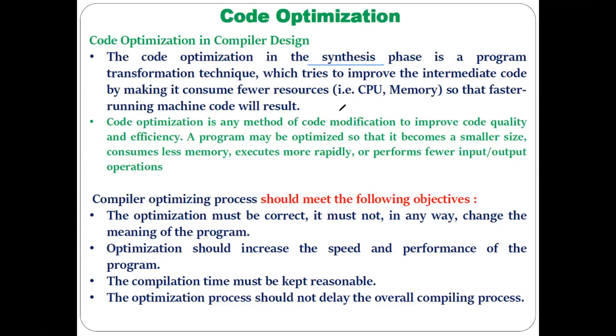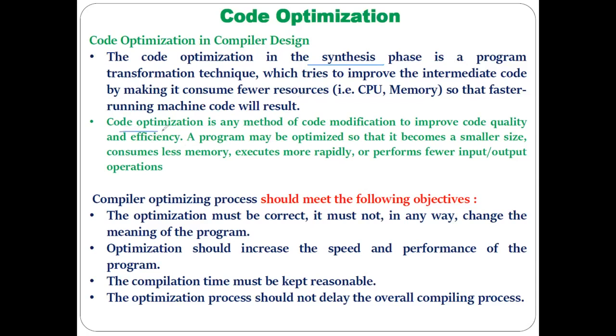We try to improve the intermediate code by making some changes so that our code becomes faster and consumes fewer resources like CPU and memory. These modifications are done without violating or interfering with the final result of the program. So that is the code optimization technique.